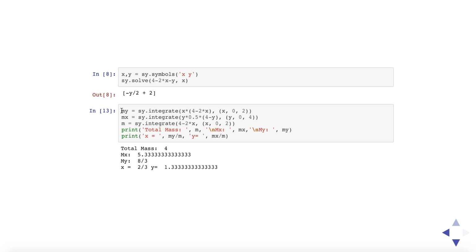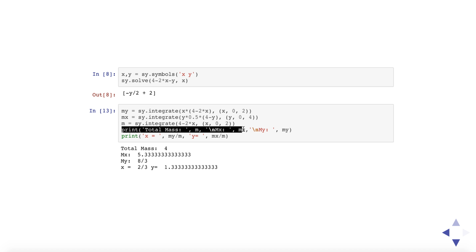And also, I'm going to go ahead and find my moments. Moment about y is x times that vertical strip, moment about x is y times that horizontal strip, and the limits for x were from 0 to 2, for y were 0 to 4. And finally, the total mass of the system here, this variable m, is just the area under that curve 4 minus 2x, in terms of x, from x equals 0 to x equals 2.